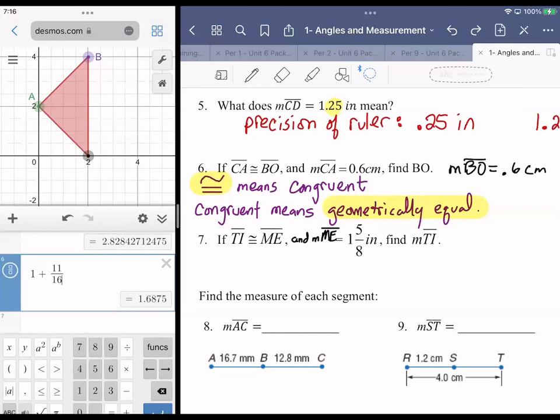After you reach 3 bonus points per unit, then you're done for that unit. So you get an opportunity to earn 3 bonus points per unit just by submitting typos. All right.